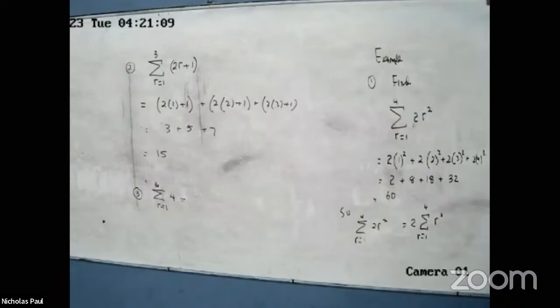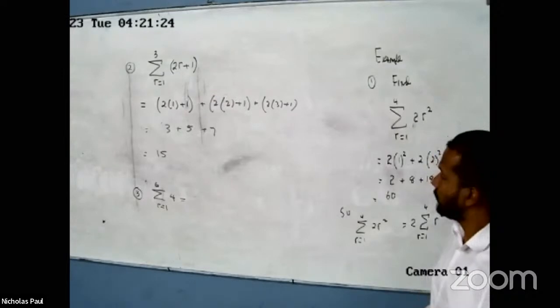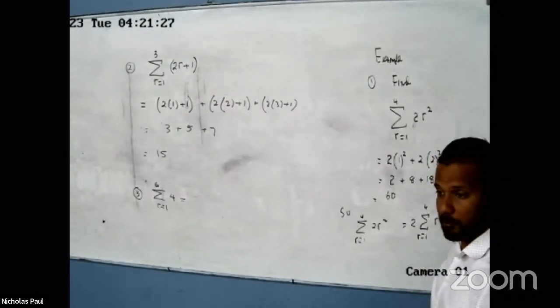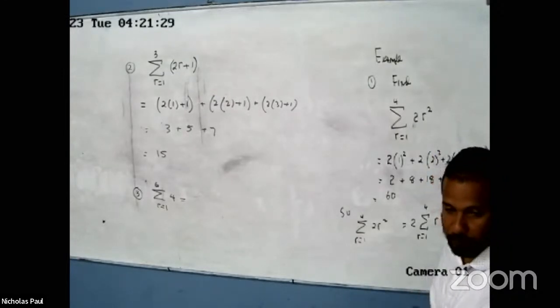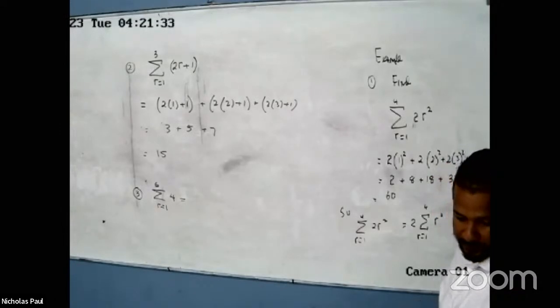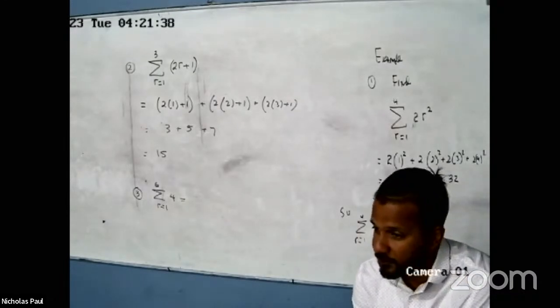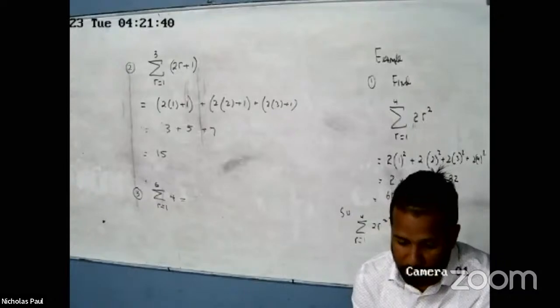Give me a minute. Any answers? I see some zeros. Jacob, what did you get?